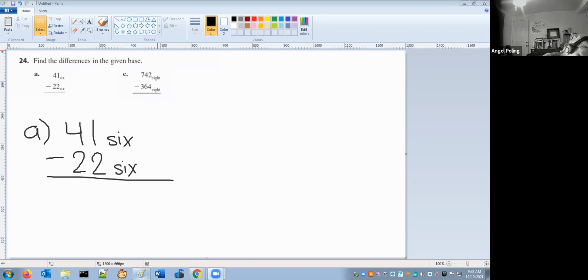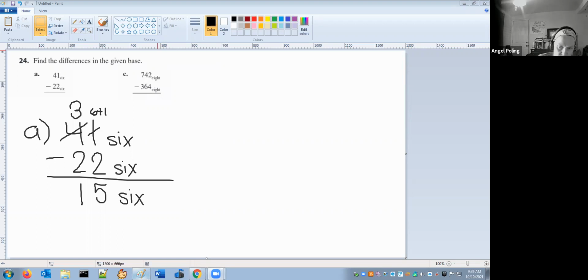So what we're going to do is borrow 1 from our neighbor, but that 1 is a group of 6 units, right? So I often will cross the 1 off and write 6 plus 1, which is 7. So if we have 7 take away 2, now we have 5, and 3 take away 2 is 1. So 24A is 15 base 6.